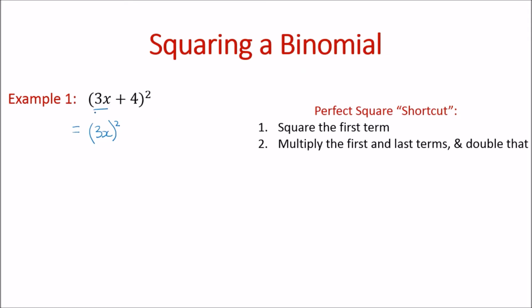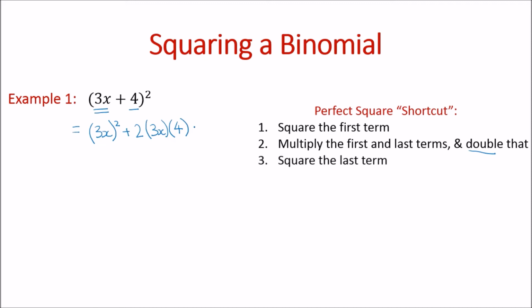So the first term here is 3x, the last term here is 4, and we're also going to be doubling that. So we're going to write it like this: plus 2, that's our doubling, times the first term times the last term. And again, we're going to work that out in a moment.